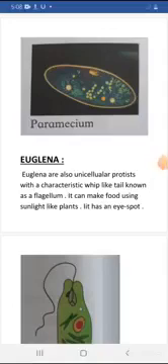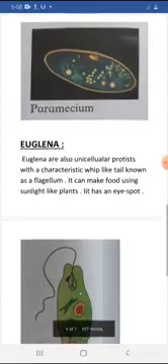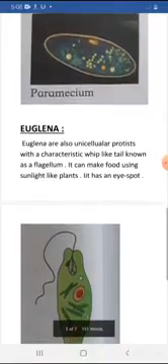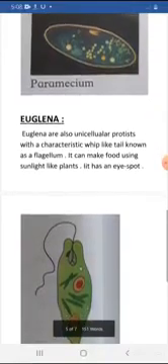The next example of protist is Euglena. It is also a unicellular protist, and it is a strange kind of protist because it can make food by using sunlight like plants. It also has another characteristic, and what is that?